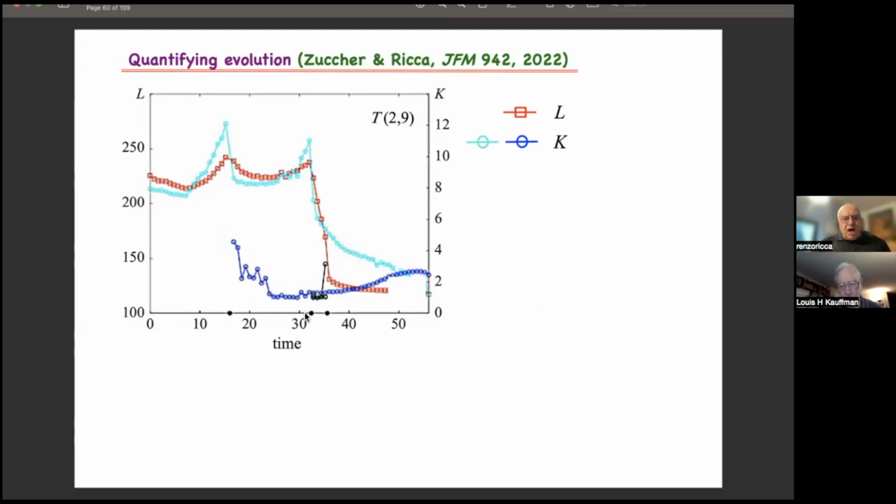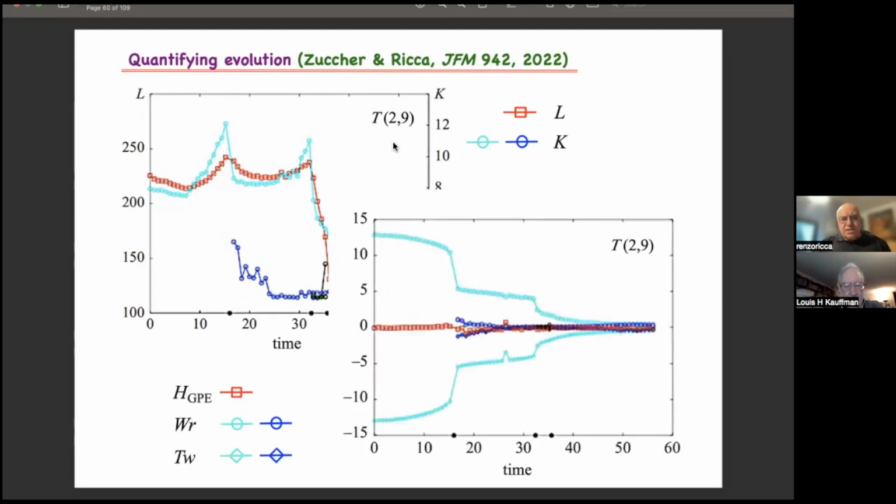Remember that these dots are closer to these peaks, and these identify the reconnection stage. In particular here, I have the 2-9 evolution, but of course we have these diagrams for all the knots up to 2-9. So all the sequence, the trefoil knot, the 2-8, the 2-7, the 2-5, etc. All the torus knots I showed you in the sequence.